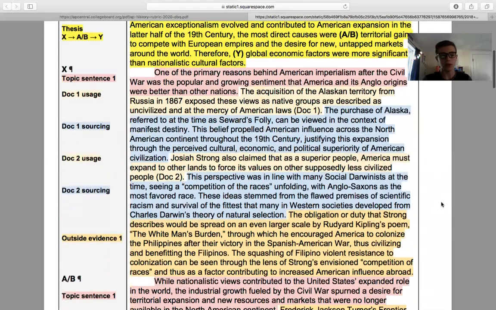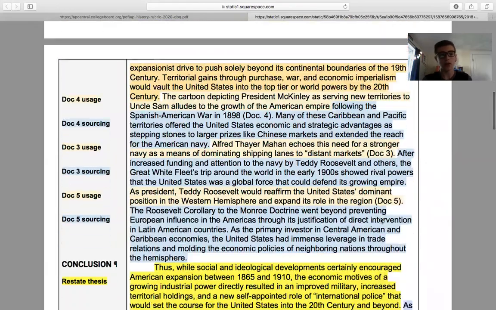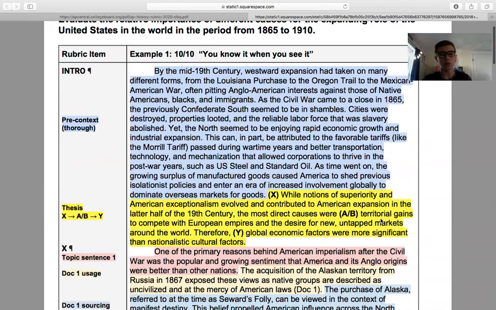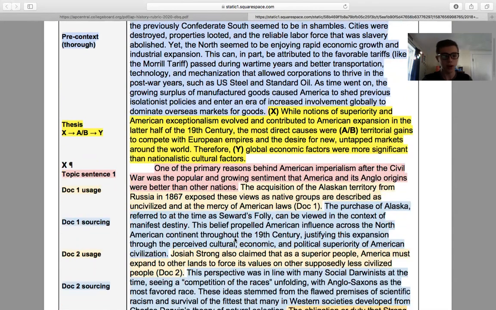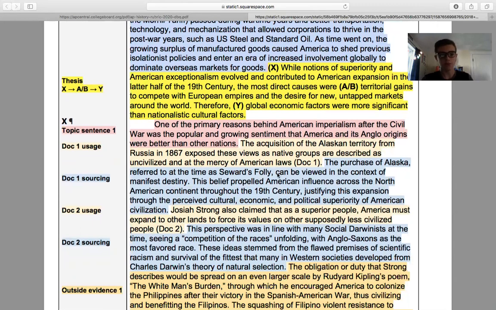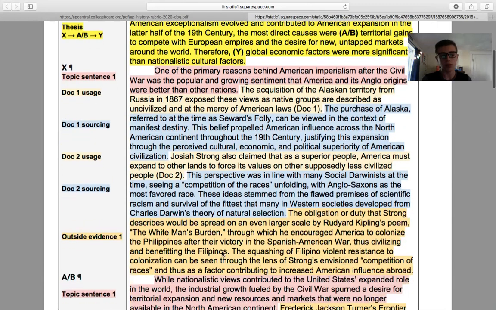Some of it does, obviously, but to get all the points, it's not hard. Just make sure you have a thesis. Make sure you get your contextualization. Make sure your thesis is a claim. That's 2 points right there. Then you have your topic sentence. Then make sure you're organized. Make sure you use 5 docs. Make sure you're sourcing things correctly and provide some outside evidence.